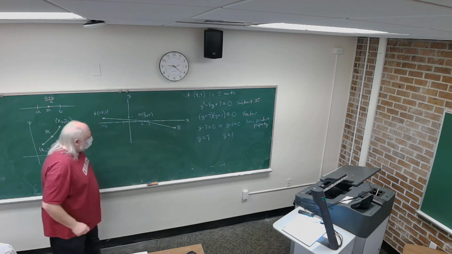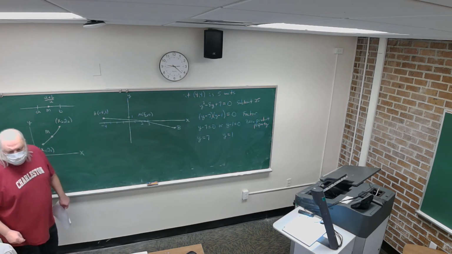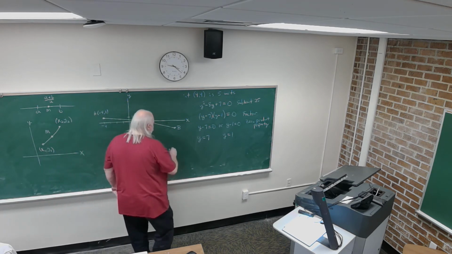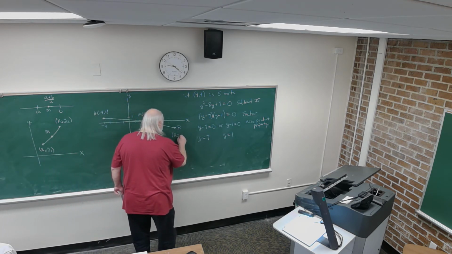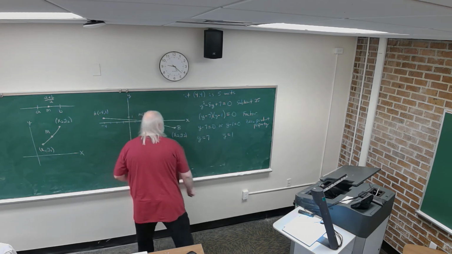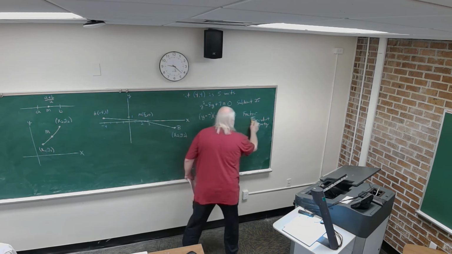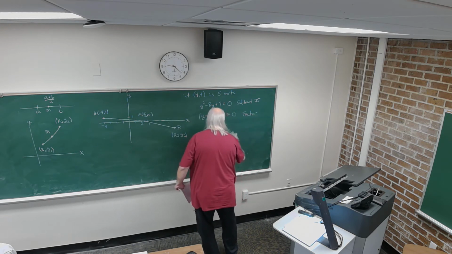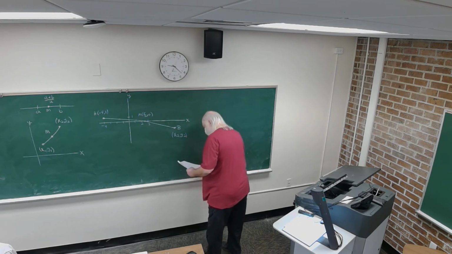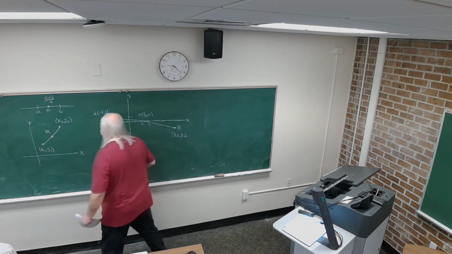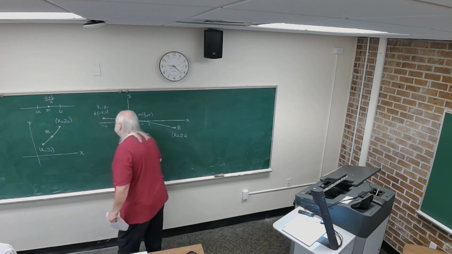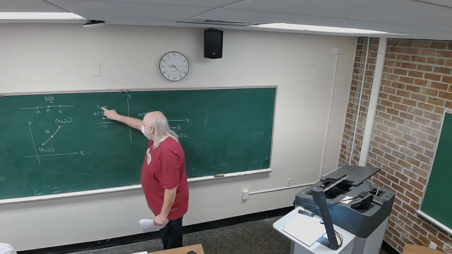What are the coordinates for B? All right. So let's label B (x2, y2). And A can be labeled x1, y1. That point, (minus 4, 1), can be labeled (x1, y1).